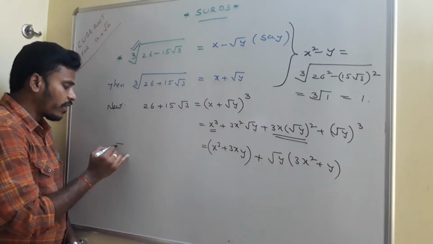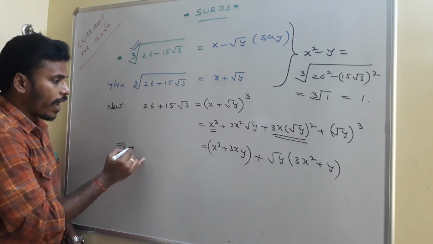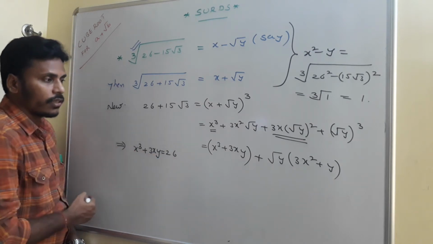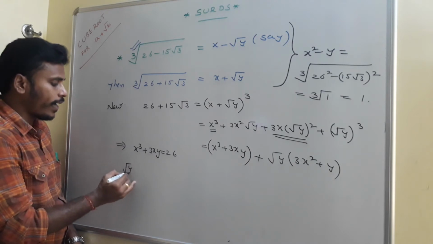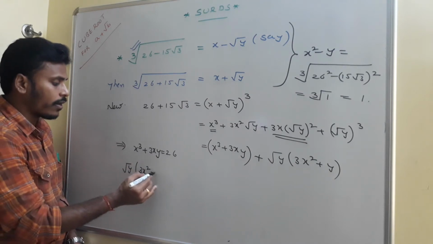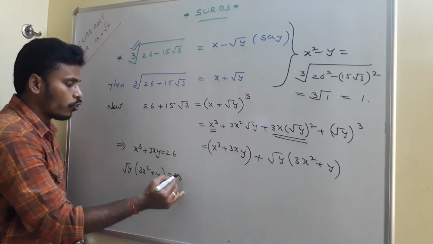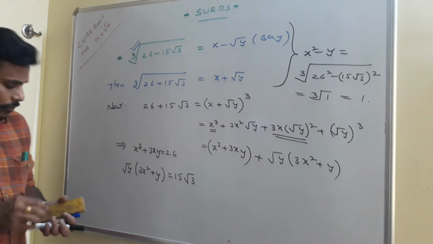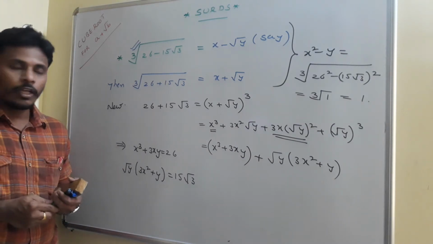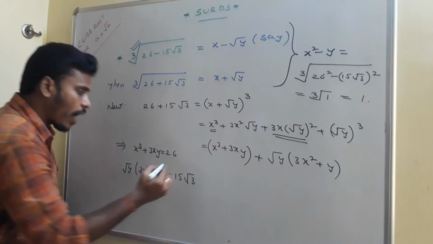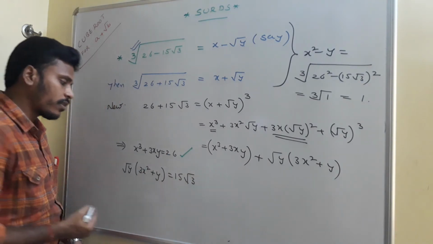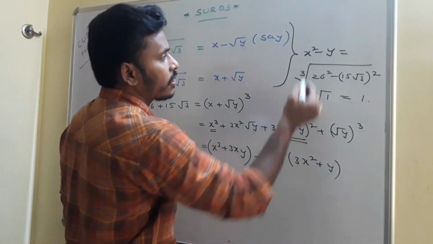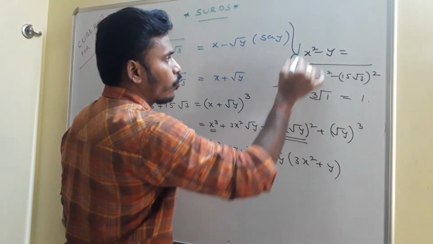And then if you compare the rational and irrational parts, in your hands you have x cube plus 3xy is equal to 26, whereas root y times 3x square plus y is equal to 15 root 3. Ultimately you need to find the values of x and y, and you have x cube plus 3xy as 26, root y times 3x square plus y as 15 root 3, as well as x square minus y as 1.